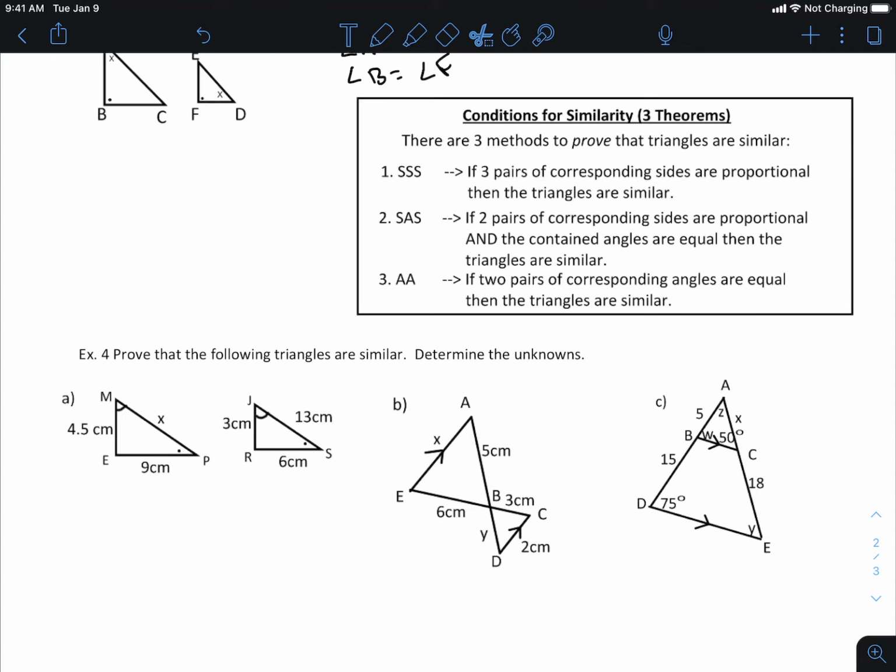Okay? Are we okay? No questions? Lots of words, not much action yet. Let's take a look at these things. Is that all you have to do, just look at whether angles are equal? Yeah, this is a multiple choice question. This is by no means the emphasis of this unit. I might say, are these two triangles similar? And you'd have to say true or false.